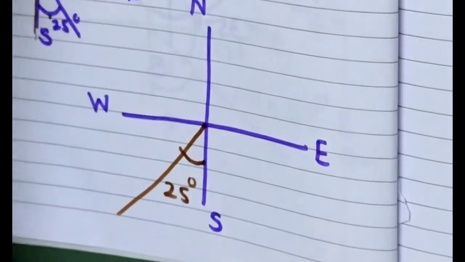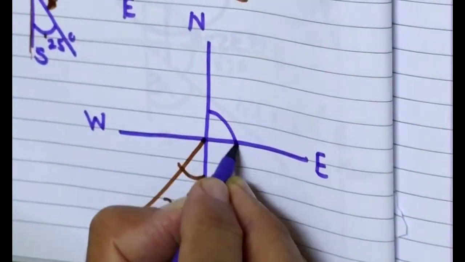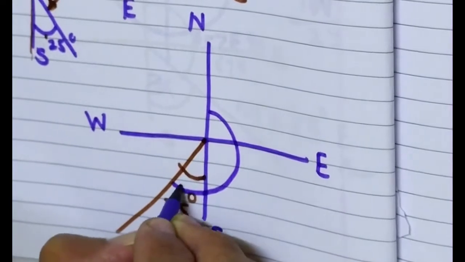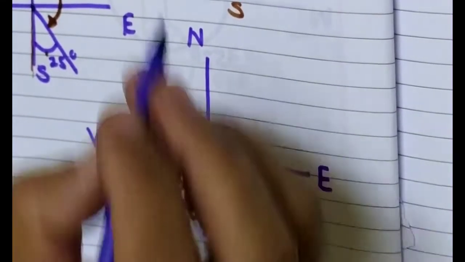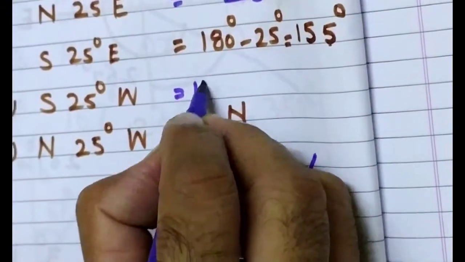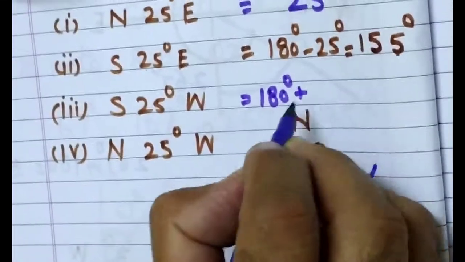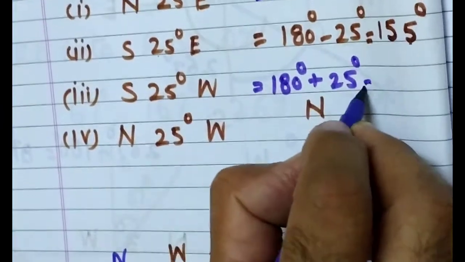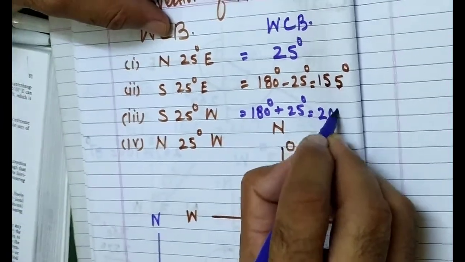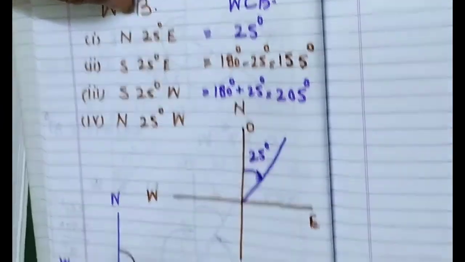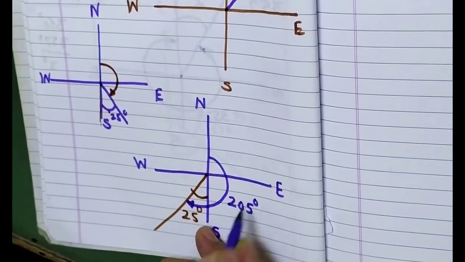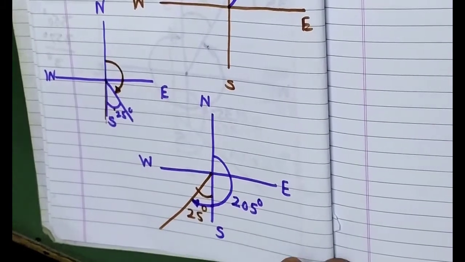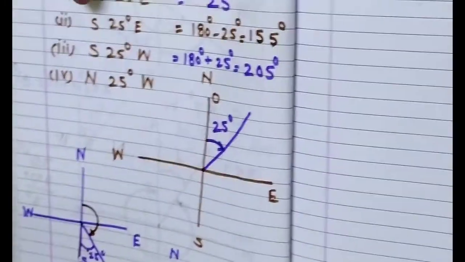The bearing of this line with the north will be this line. So how much is this? 180 degrees plus this, so you can write 180 degree plus 25 degree. This comes to be 205 degree. So the bearing of this line is 205 degree. Clear?